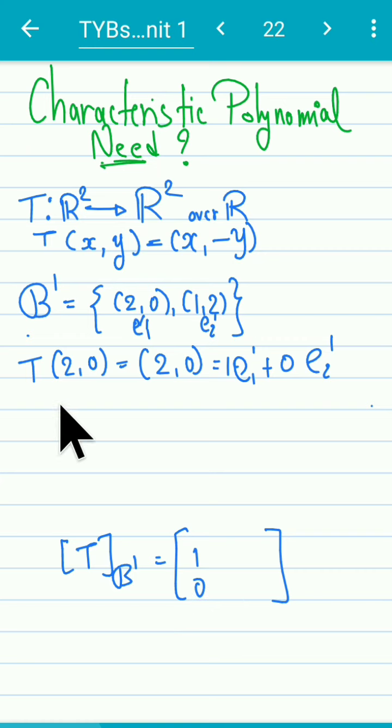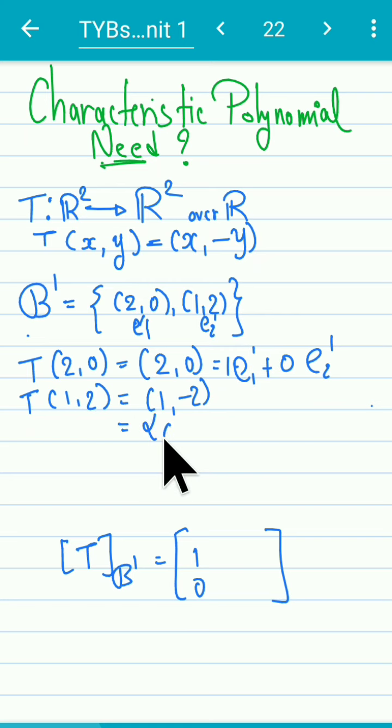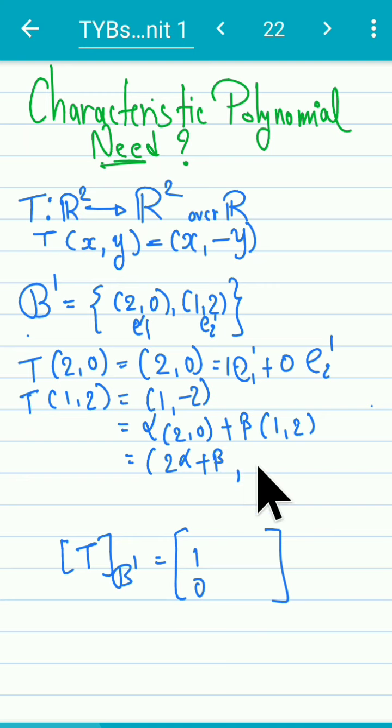Now T of (1, 2) is the same as (1, -2). I want to write this in terms of E1' and E2'. So that is the same as some alpha times (2, 0) plus some beta times (1, 2), which is (2 alpha plus beta, 2 beta).